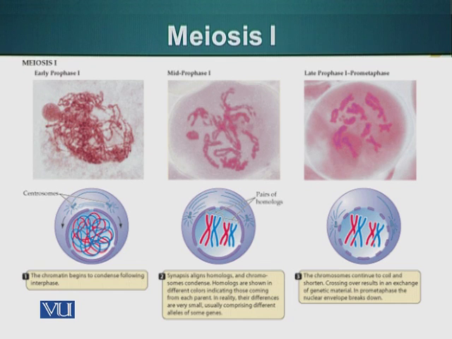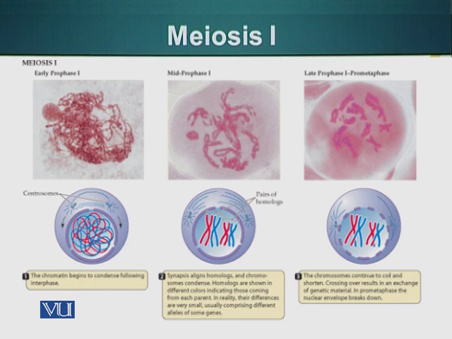The important feature here is that the homologs are pairing. Just as I told you that there are 2 chromosome 1s, the 2 chromosome 1s will pair up with each other. Each chromosome has already been divided, so each individual chromosome consists of 2 chromatids. When homologs pair up, we have 4 chromatids lying next to each other, as you can see on the slide.